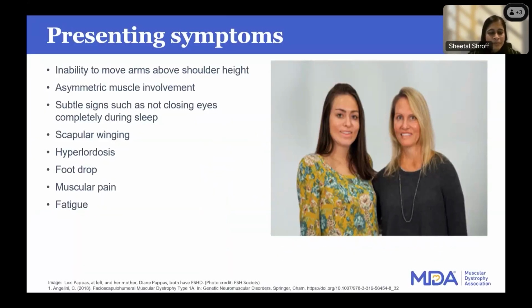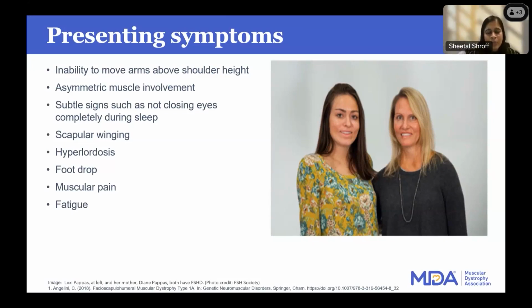This is a mom and a daughter with FSHD. Some of the presenting symptoms of this muscular dystrophy are inability to move the arms above shoulder height, which is very important. There can be asymmetric muscle involvement, where one side is slightly more affected than the other. There are subtle signs like inability to close the eyes completely during sleep.